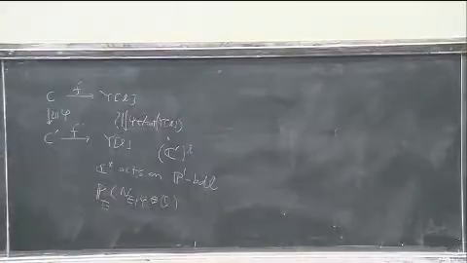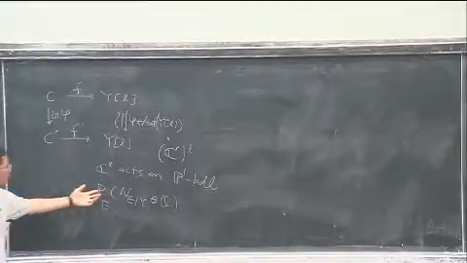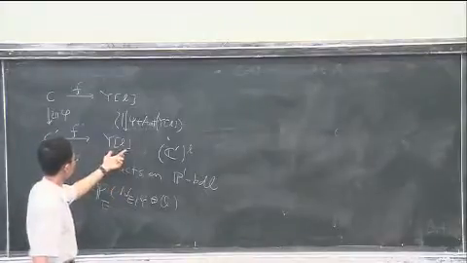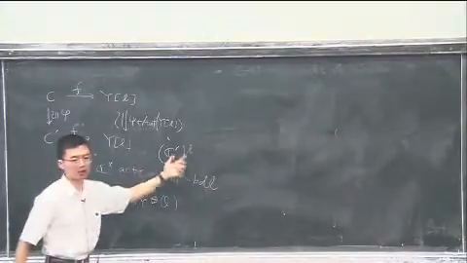Remember, I attached this Y by P1 bundles, right? And every P1 bundle has a fiber-wise C star action, and that is the C star. So every one of them has one, so it's C star to the L.